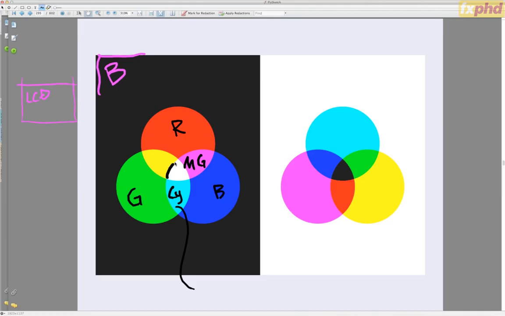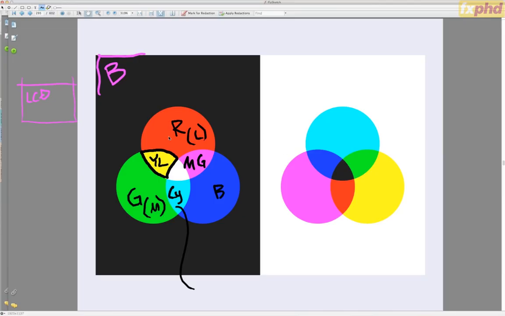What is not at all intuitive is that when you mix long wave red and medium wave green, you get yellow. And that's not intuitive because it turns out that human vision has got a perceptual channel back in the brain dedicated to yellow. I mean, it is absolutely not a primary color.